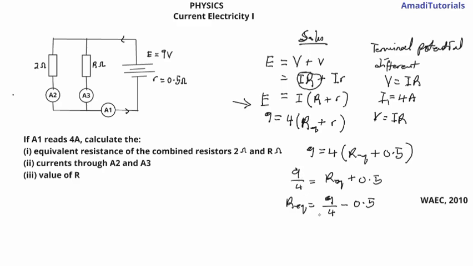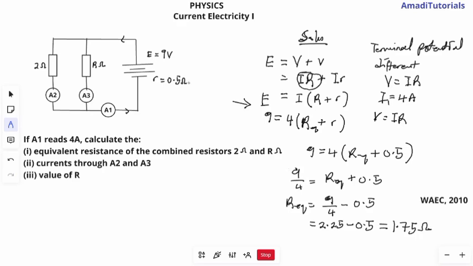And 9 over 4 is 2.25. 2.25 minus 0.5. If you subtract that, you have 1.75 ohms.